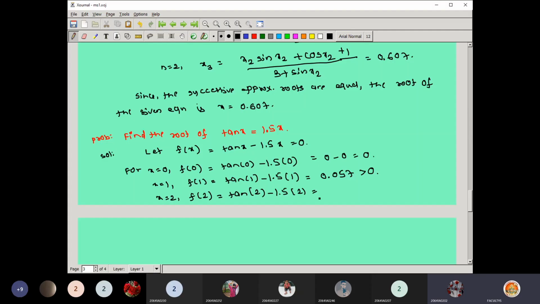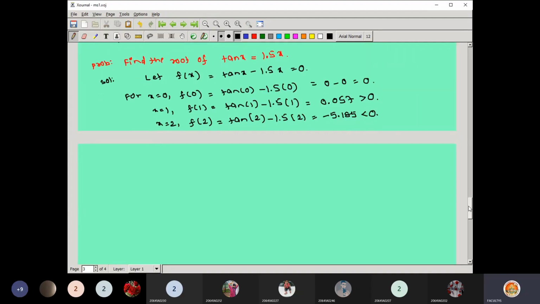I'm getting minus 5.185. So this is less than 0, so opposite signs are there. Immediately you can write down the a and b values. Therefore your a value is 2 and b value is 1.